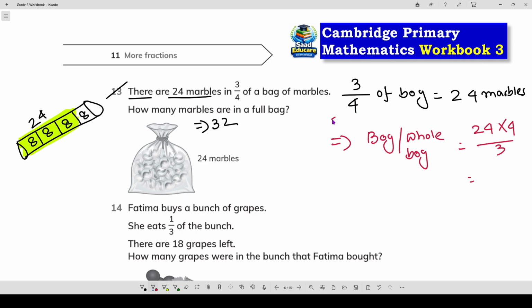It means the total and fraction amount will be divided by how many parts we divide. It's 3. So here is 96 divided by 3. 3 times 3 is 9, 3 times 2 is 6, so here is a 2. It's 32. So the total is 32. Very simple.